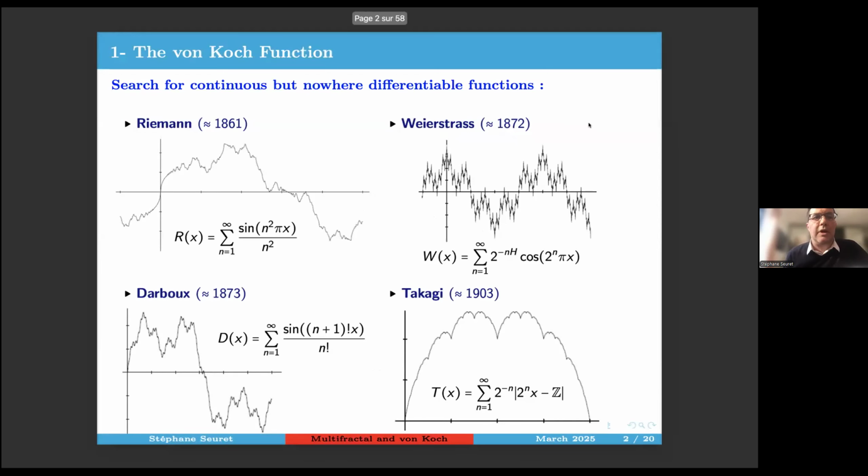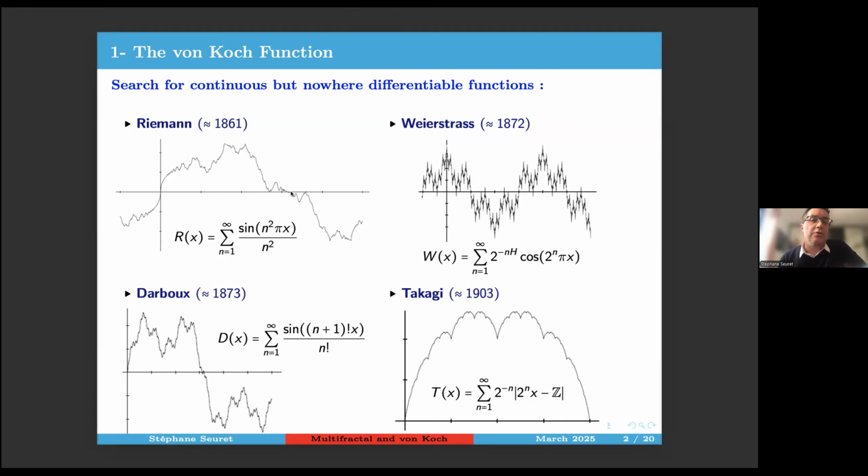At the time, one important question was the existence and the search for continuous but nowhere differentiable functions. You know that the first potential example was proposed by Riemann, and it was a lacunary Fourier series.